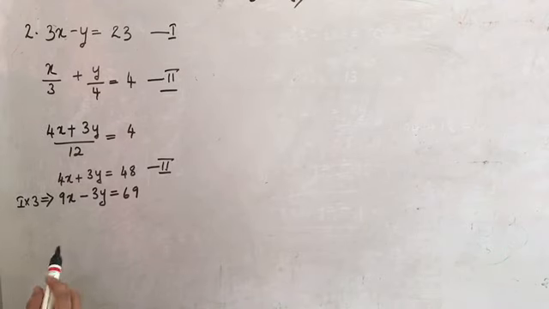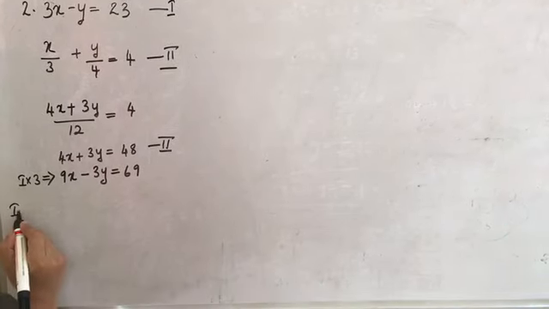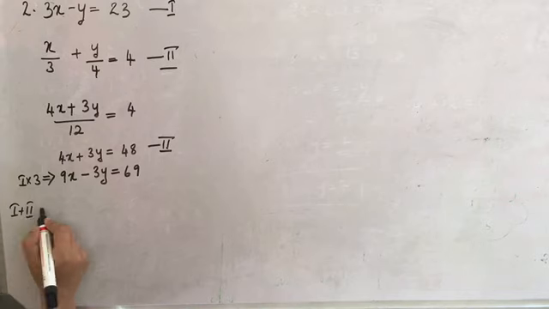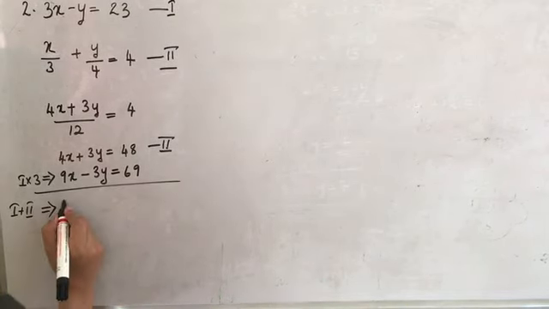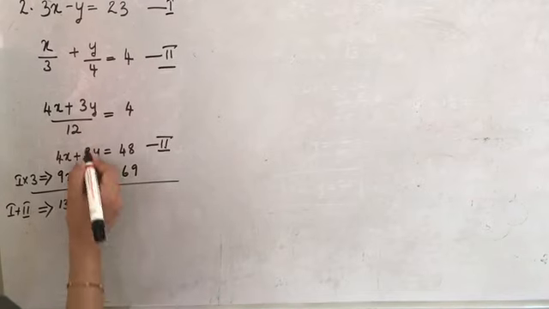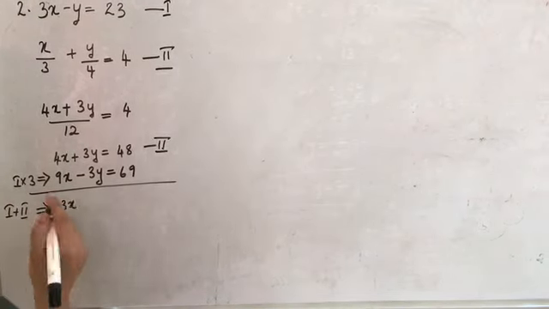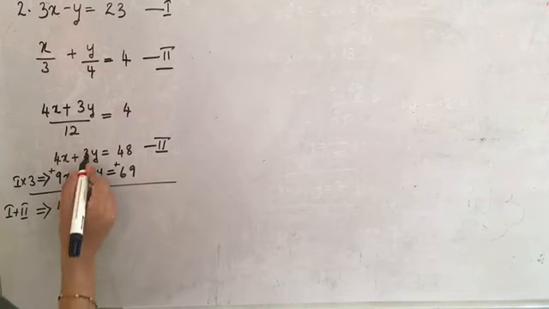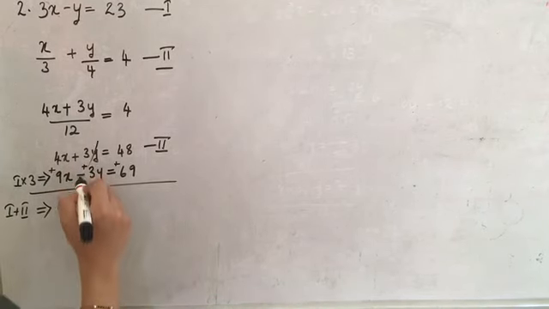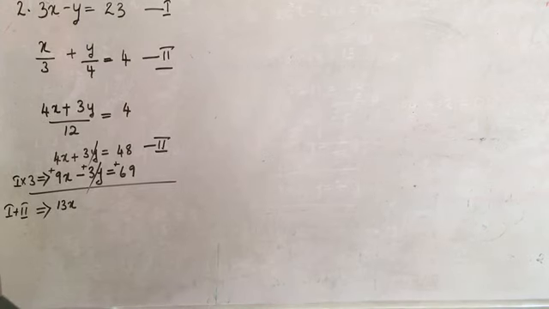In order to cancel it, you have to just add the first equation and the second equation. So adding them, what do you get here? 4 plus 9 gives you 13x. So plus 3y minus 3y, it's addition, so no change in the sign. So plus 3y and minus 3y gets cancelled here, and you have 48 plus 69.